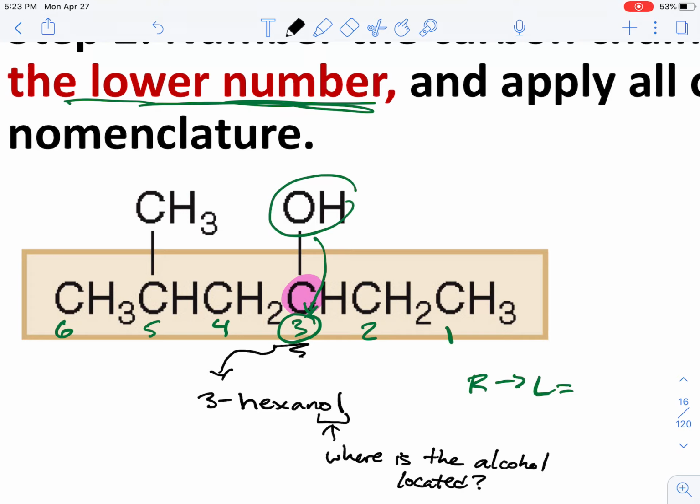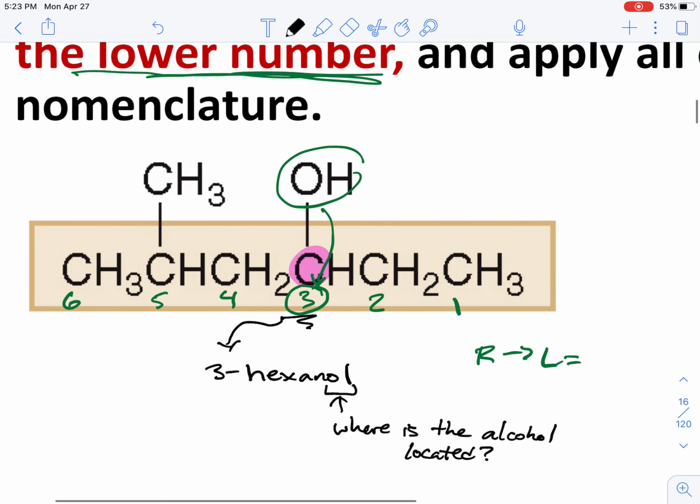Okay. And so the last thing that we're going to do is we're going to name and number our substituents. And so our substituent in this case is going to be the CH3. And so the CH3 is a methyl, right?